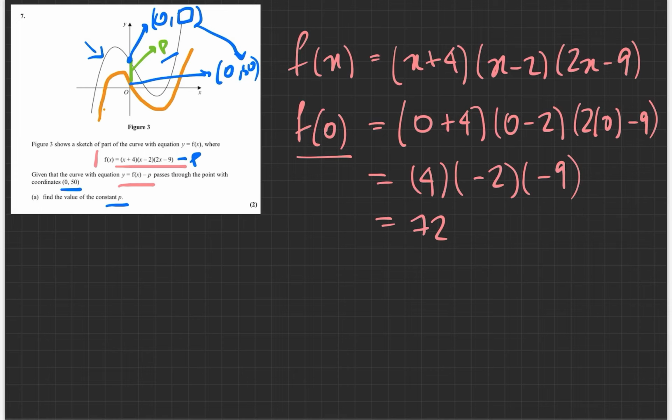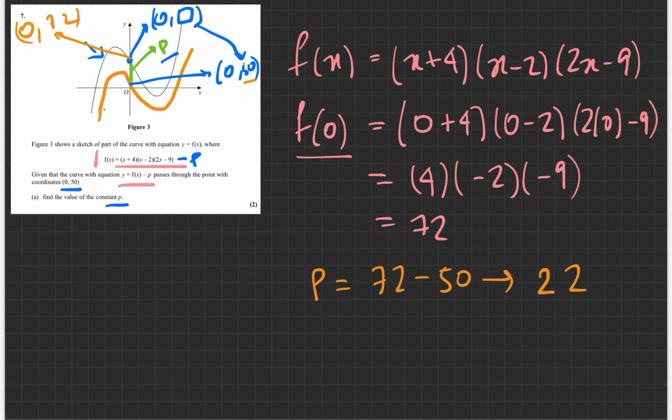So now I know that this old point is (0, 72), and this point 72 came down by p units to become (0, 50). So p is equal to 72 minus 50, which is equal to 22.